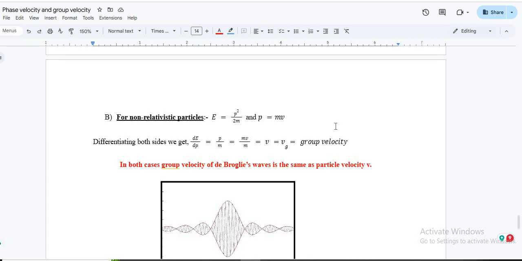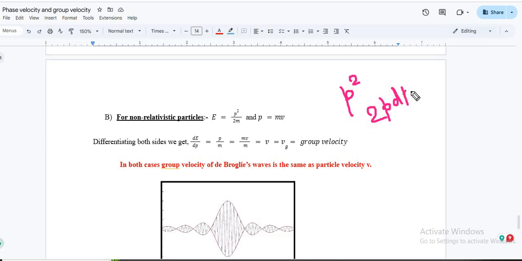Again, let's do the differentiation, dE/dP. When you differentiate p square, you get 2p dP.